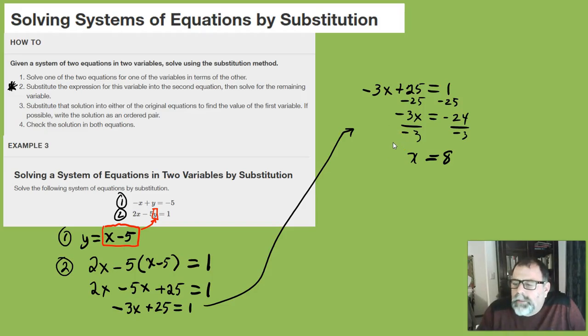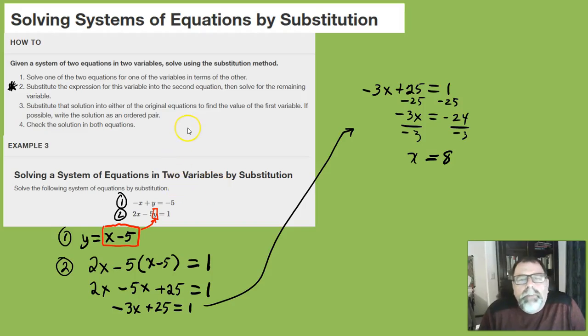All right, so now again, remember, we're looking for an ordered pair. A solution is an ordered pair, an x and a y. So we just found a portion of the solution. Now you have to take this result and substitute it into either of the original equations to find the value of the other variable. If possible, write the solution as an ordered pair. Check the solution in both equations.